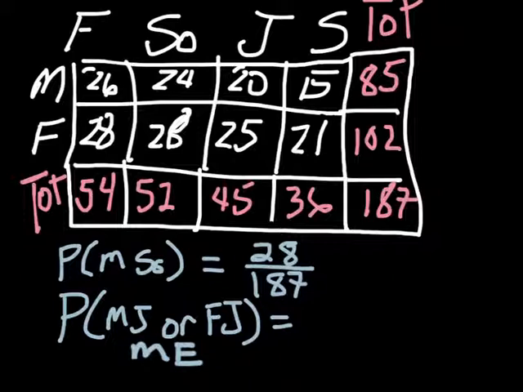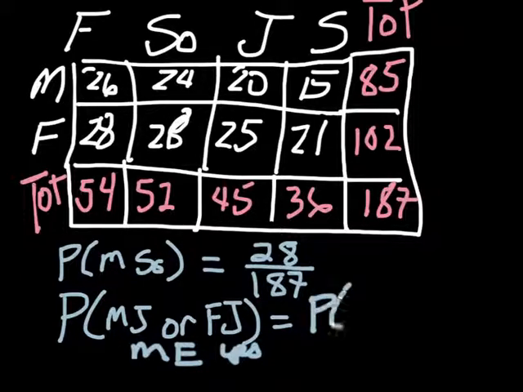And the answer is yes, since male juniors are completely different than female juniors. Now they're both juniors, but this is like saying it's a 5 of hearts and a 10 of hearts. They're completely distinct cards. If I was just talking about juniors, then it wouldn't be mutually exclusive. But since I said male junior, that's a distinct category from female junior, so it is mutually exclusive.